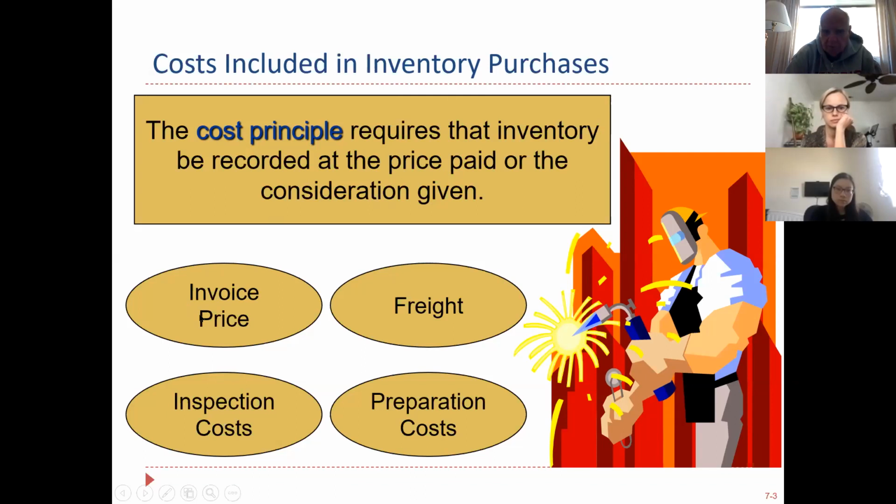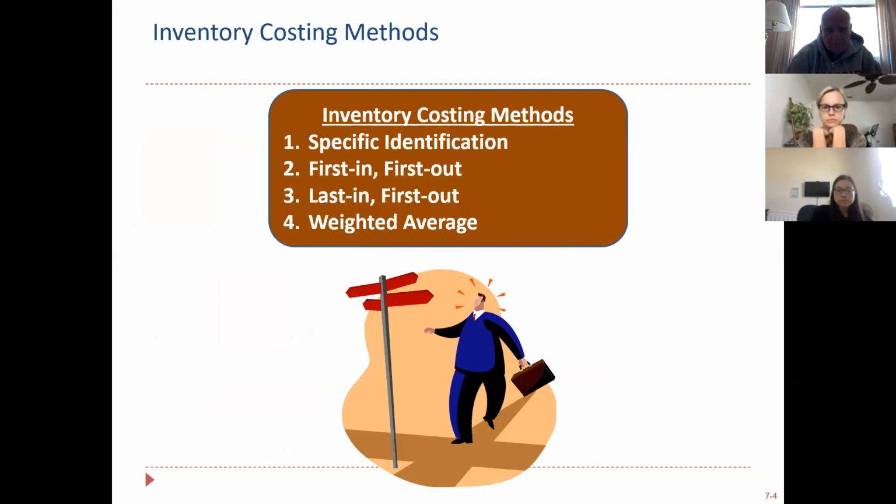We bought a plane from Boeing for $1 million. And then we paid another company to fly that in. That would be a freight charge. That would become part of the cost of the plane we bought. And if we need to inspect it or perhaps paint our logo on it, all of those items become part of the cost of the item.